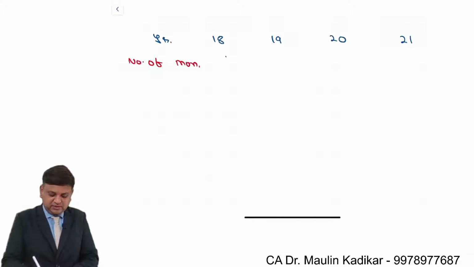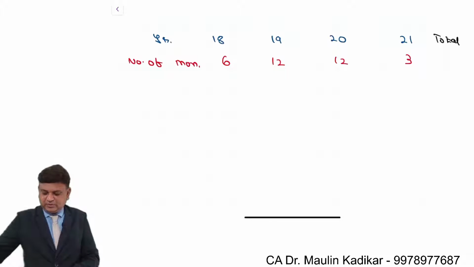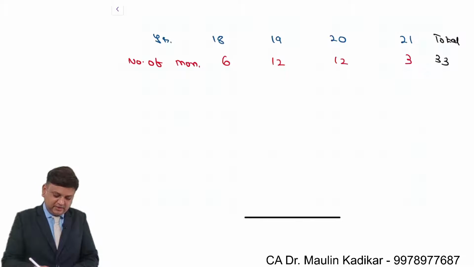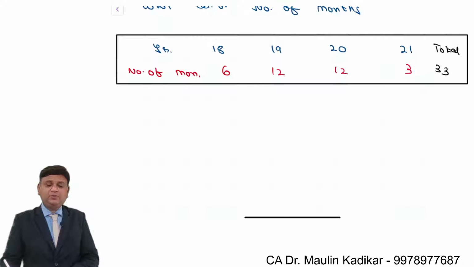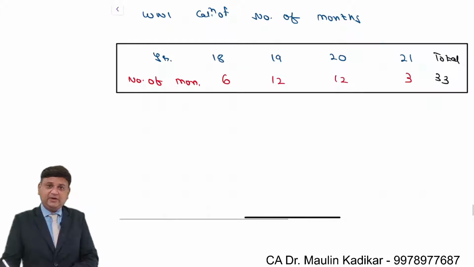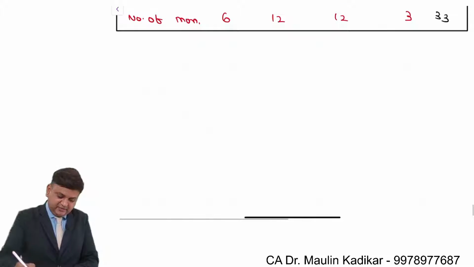Number of months: 6 months of 18, 12 months, 12 months, and 3 months of 21. That is the way we will compute the total. 6 plus 12 plus 12 plus 3 comes to 33 months. That is the time period of holding investment. Once we compute the time period of holding investment, afterwards we will compute the NAV.